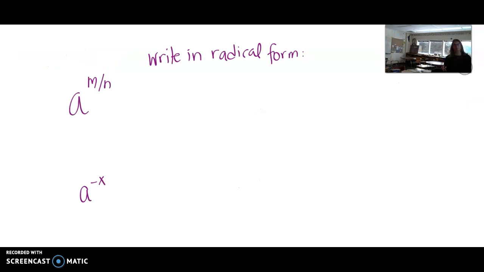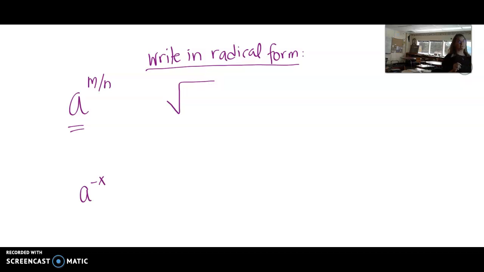Okay, so there's a couple of rules that you need to use, and I'm going to just review those really quickly. If you have a base a to a power that's rational, so you have a fraction in the exponent, you can rewrite that in radical form, which is sometimes what you'll need to do in order to evaluate.